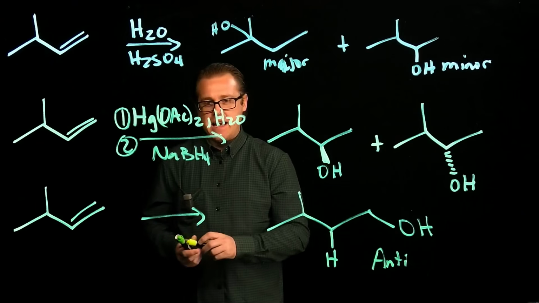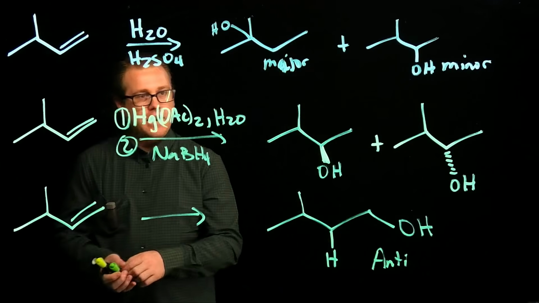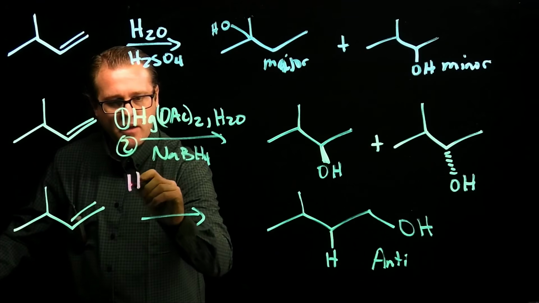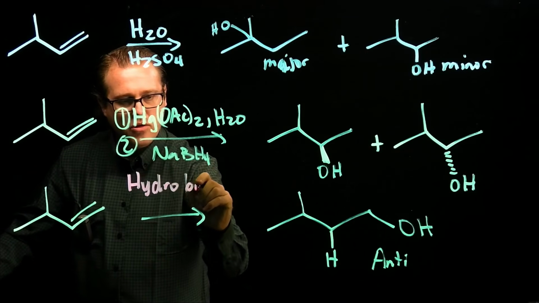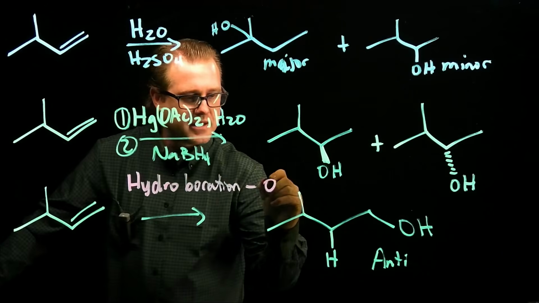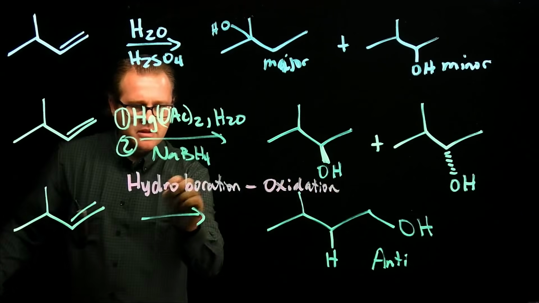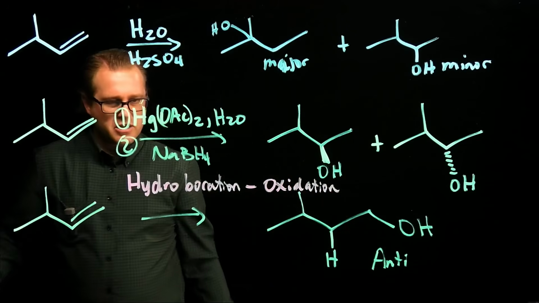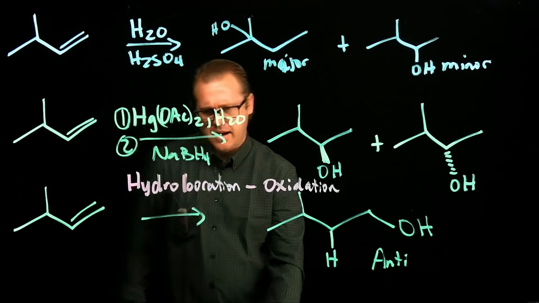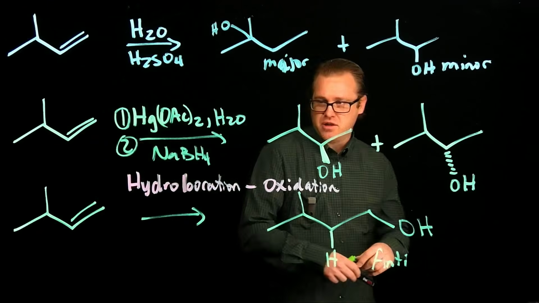And how do you get an anti-Markovnikov product? That is when you do a reaction that's called hydroboration-oxidation. So we have the hydroboration-oxidation reaction.